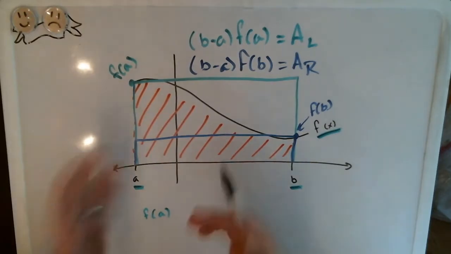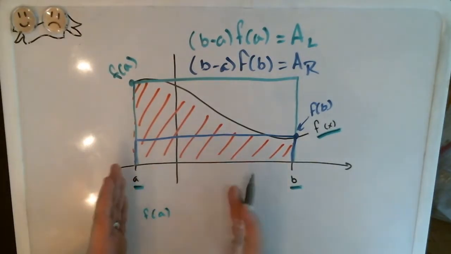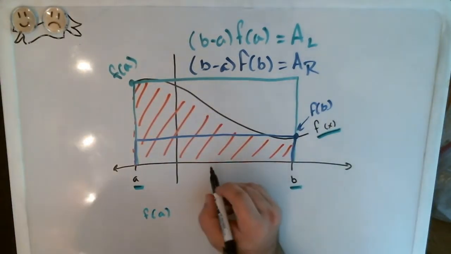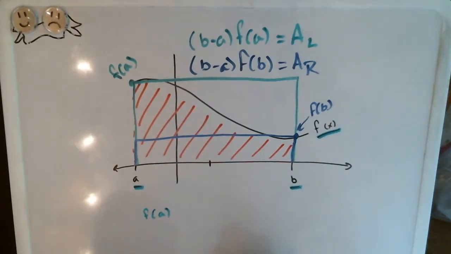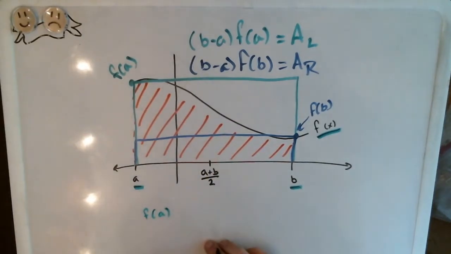What if I make smaller rectangles? If I make rectangles happen more often, they'll better capture that change as the function goes along. So I'm going to put a little point right here, and this is going to be the midpoint. So this is a plus b over 2.